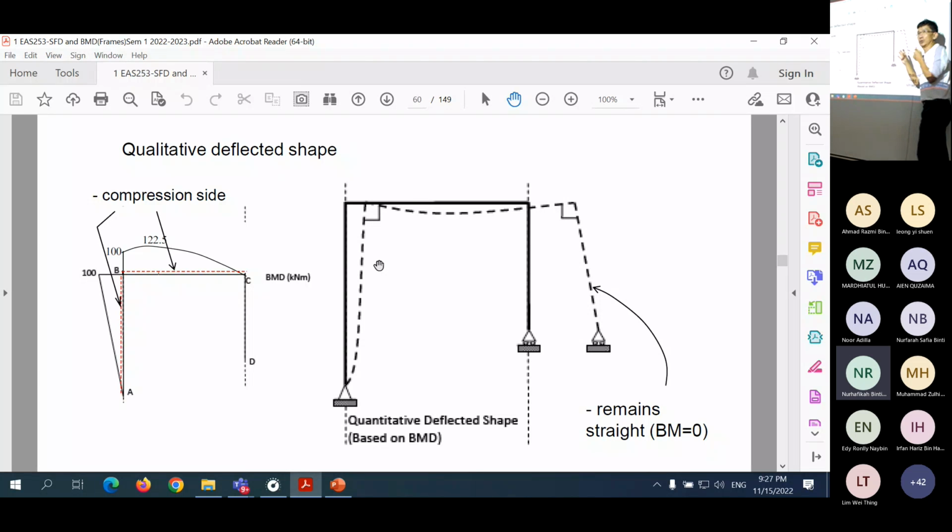So those are the points that we have to take note of when we sketch this qualitative deflected shape, which is based on the bending moment diagram, and also take note of the support conditions. And the bending moment diagram is drawn on the compression side. So this is the qualitative deflected shape for this frame.